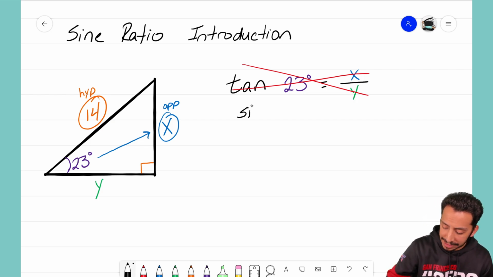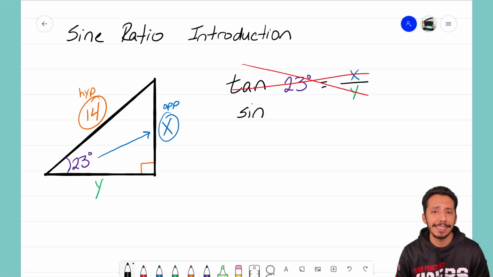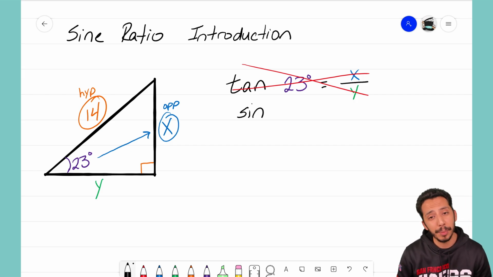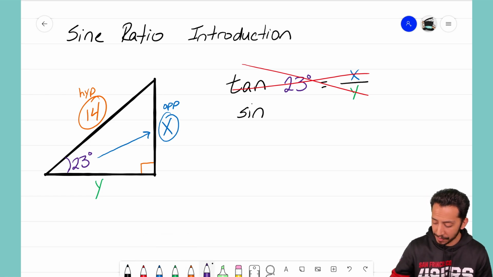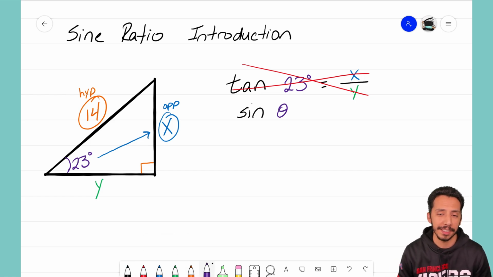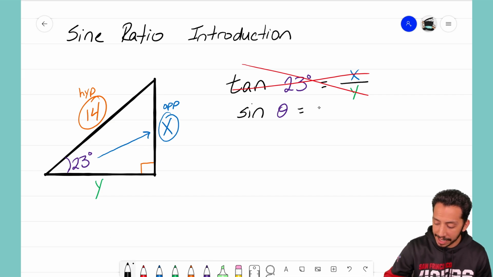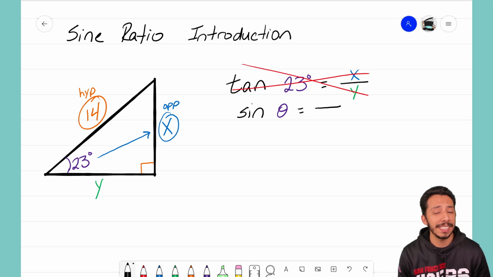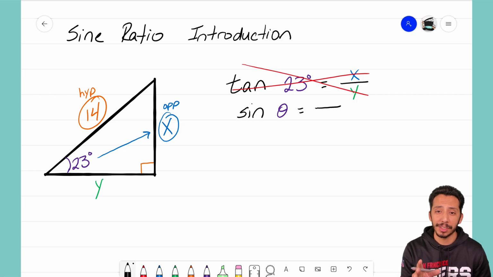We abbreviate the sine ratio as sin, but it's not pronounced sin. We're not in church, we don't use sins here in math. Instead, we pronounce it sine. It's sine of our reference angle theta, whatever that angle happens to be, equal to a fraction, but this is not tangent, so it's not delta y over delta x. It is familiar, though.